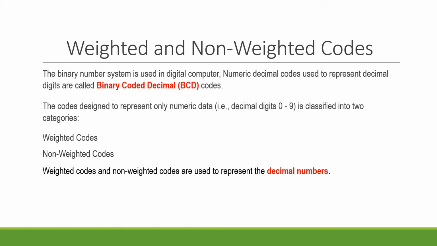BCD is binary coded decimal, and these are designed to represent only numerical data, that is decimal digits from 0 to 9. These BCD codes are classified into two codes, the weighted codes and the non-weighted codes. Weighted codes and non-weighted codes are used to represent the decimal numbers.